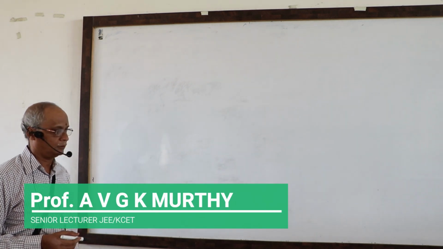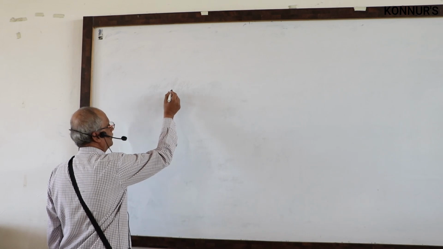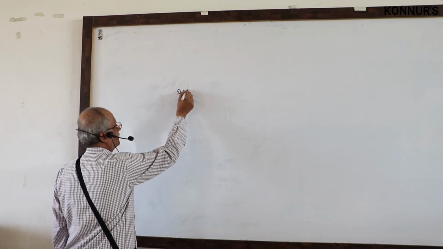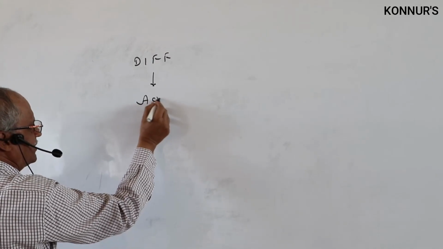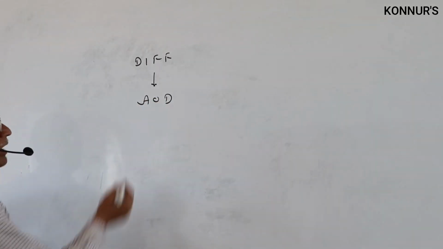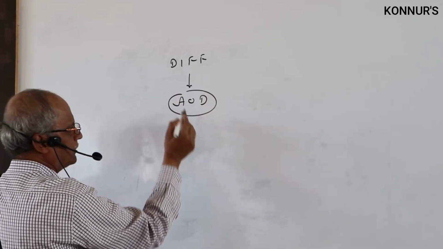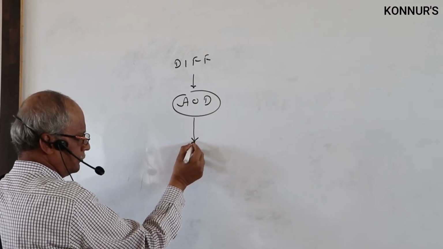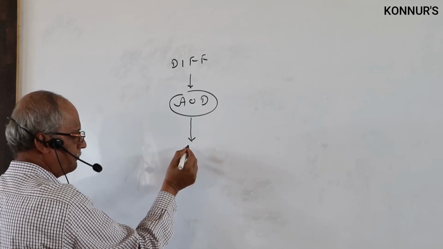Right. Today the discussion is about the chapter after differentiation. Actually, we have to go for applications of differentiation. It is part of derivatives only. But as far as the exam is concerned, students can score more marks.